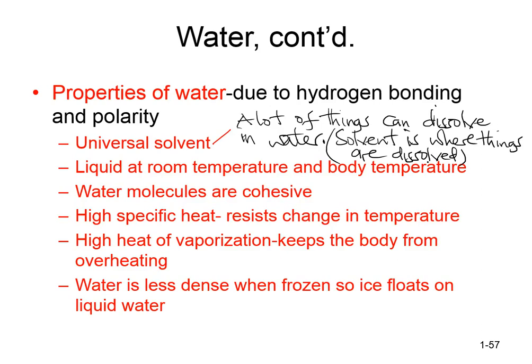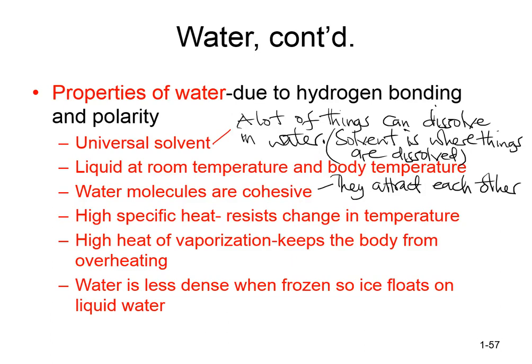So water is a universal solvent. It is a liquid at room temperature and body temperature. So water molecules are cohesive. It means they attract each other. Water molecules attract each other. They are cohesive. That's what cohesive means.